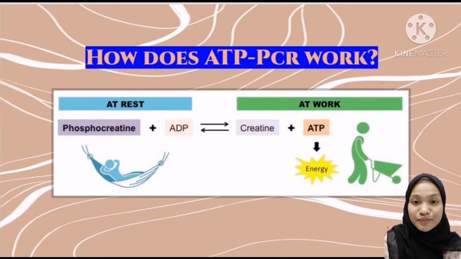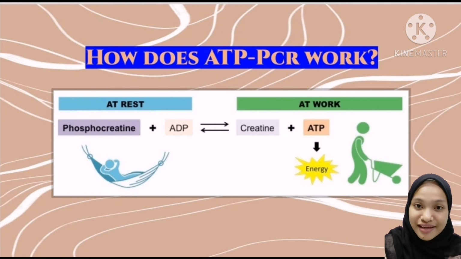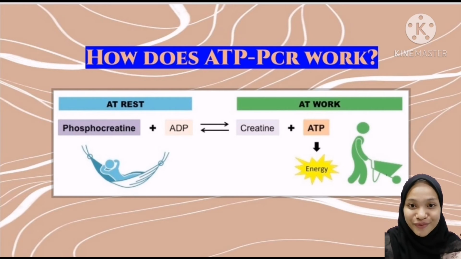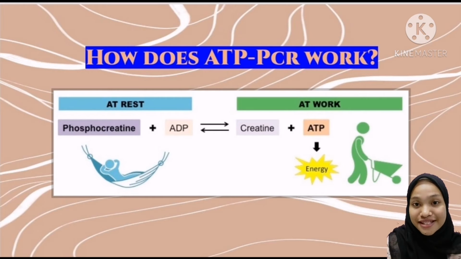So next, let me move to the next slide, which is how does the ATP work. So this is just the basic. How does the ATP change from the ADP to energy? As you can see in the picture, at rest, it was ADP, adenosine diphosphate, with the phosphocreatine.